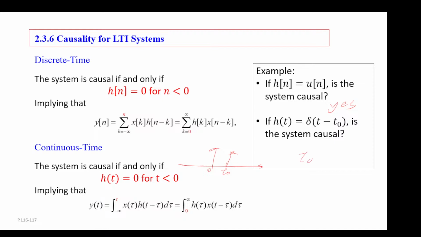For t0 greater than or equal to 0, it is causal, so I should just write yes. If t0 is greater than or equal to 0, the answer is yes. And if t0 is less than 0, the answer is no. So this is a trick question. Any questions so far?